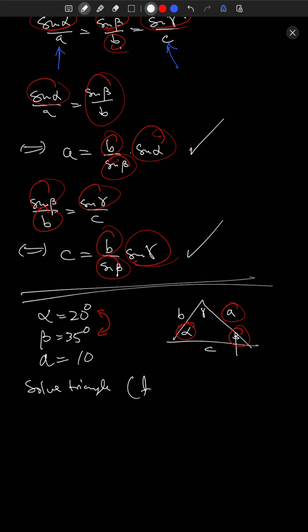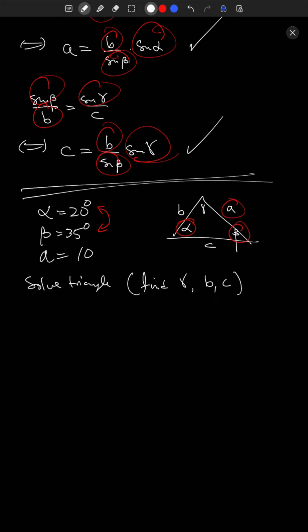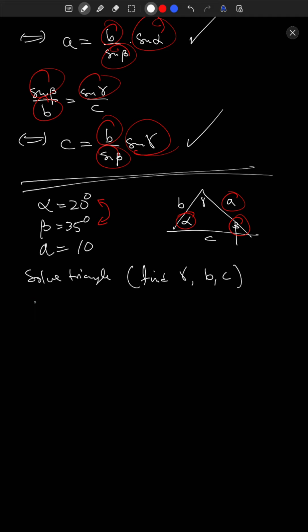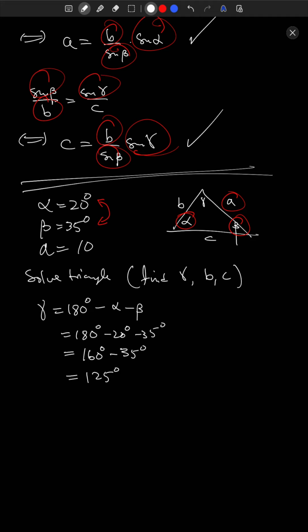In other words, find gamma, B, and C. So gamma is equal to 180 degrees minus alpha minus beta, which is 180 degrees minus 20 degrees minus 35 degrees. Here I just have to do some arithmetic. This is 160 degrees minus 35 degrees, which is going to be 125 degrees. Done with our gamma.